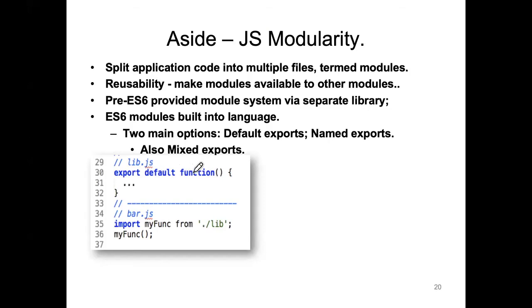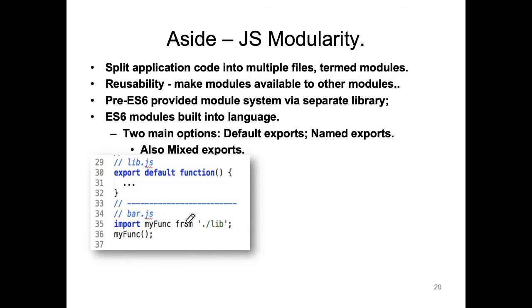Note the function doesn't actually have any name, right? But this is making the function available to other modules. Let's suppose this is another module that wants to use the function above, and so it has an import statement. Because it's the default export, it can call the thing that it's importing anything it wants to.